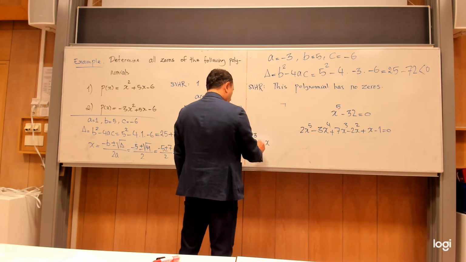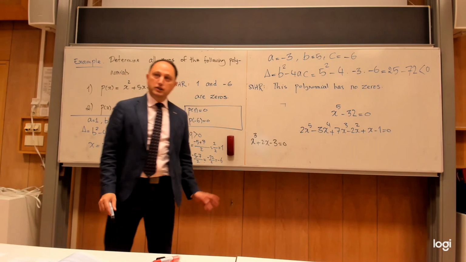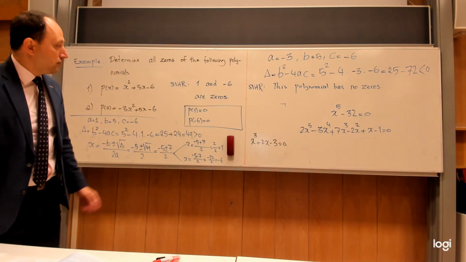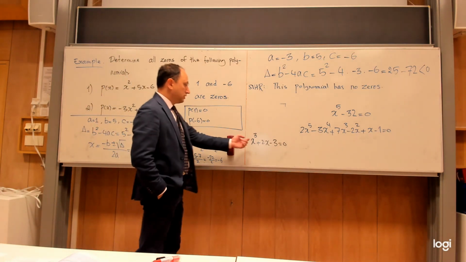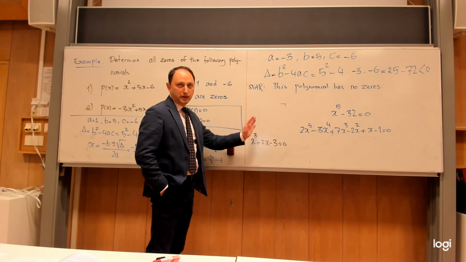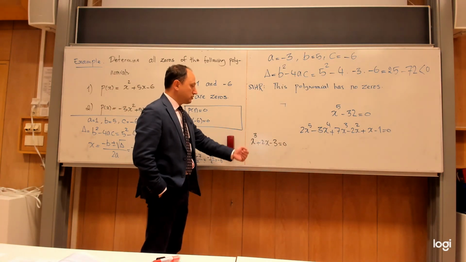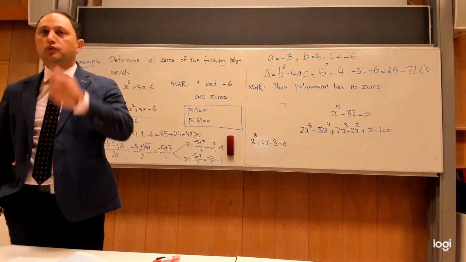Let me write it plus 2x minus 3 equals 0. If I ask you to solve this equation, first of all, there are no formulas that you are aware of for the cubic equation. Of course there is, but that formula is complicated. But the story is the same. If I want to solve this and I do not have any formulas in my hand, what I have to do, there is only one way to do that.